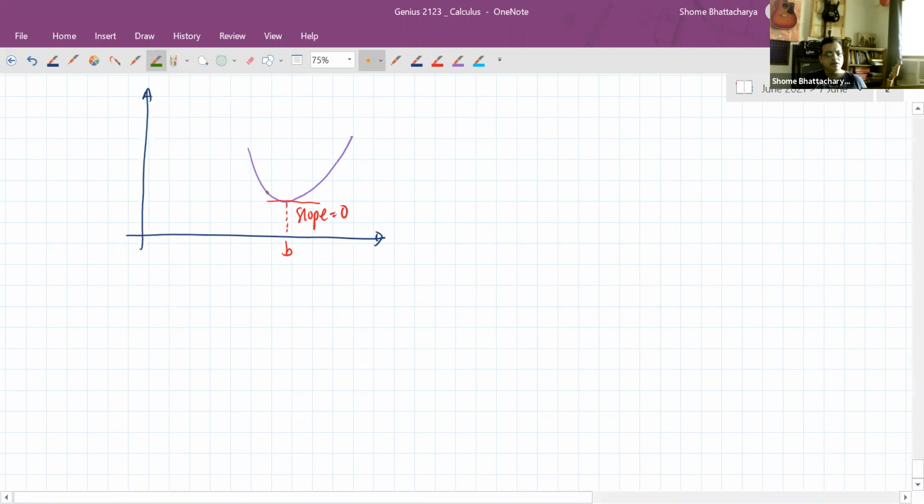But if we draw a tangent at a point before this, it has negative slope, and a tangent at a point after this has positive slope. In the exact definition, we bring these two neighboring points to the immediate neighborhood, so delta x should be tending to 0. This could be a very rapidly changing function, but even then this point will be defined as a local minima, and this point as a local maxima. So I have to take the immediate neighborhood.